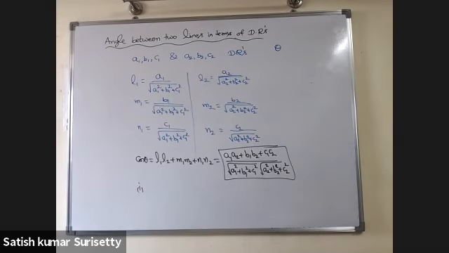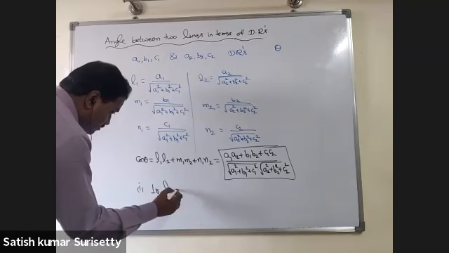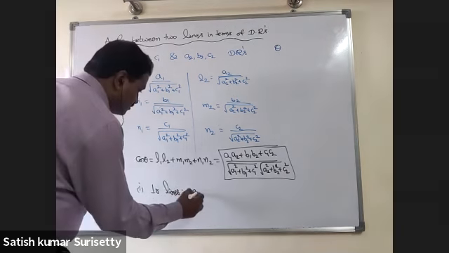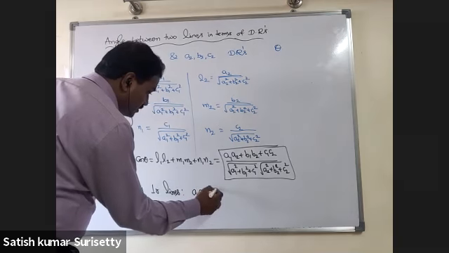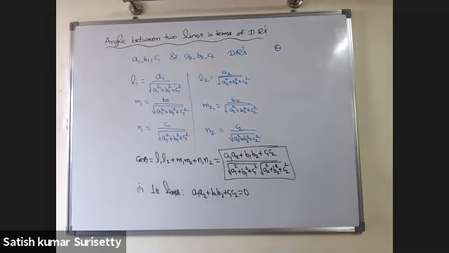Condition for perpendicular lines: A1 A2 plus B1 B2 plus C1 C2 equal to 0.